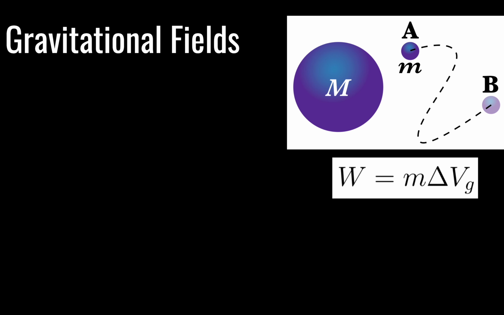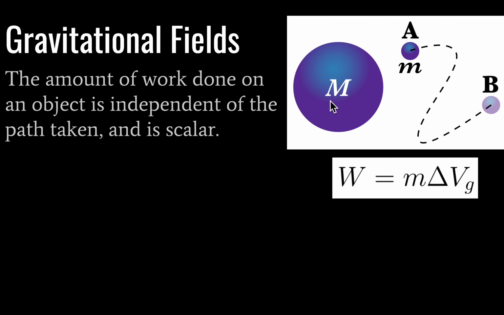Okay, so here we have an object moving from position B to position A, or vice versa, doesn't really matter. The key point here is that the amount of work done on the object will be independent of the path taken, and it is scalar, okay?